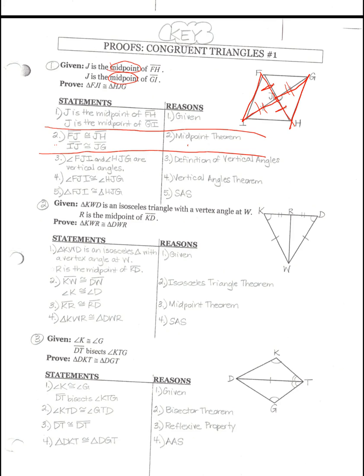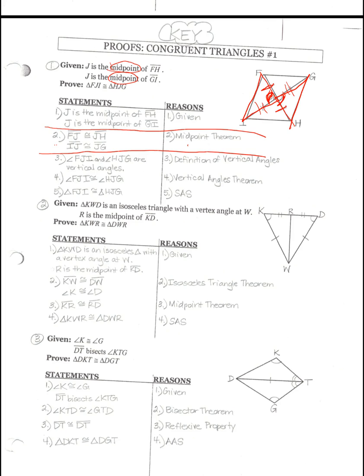It's almost always either that they share a side or they have vertical angles or somehow it's like a right angle on one side, so it has to be a right angle on the other side or something like that. And you can see in this diagram that this angle right here at J, on both sides of J, they're vertical angles, but they've not been yet defined as vertical angles.